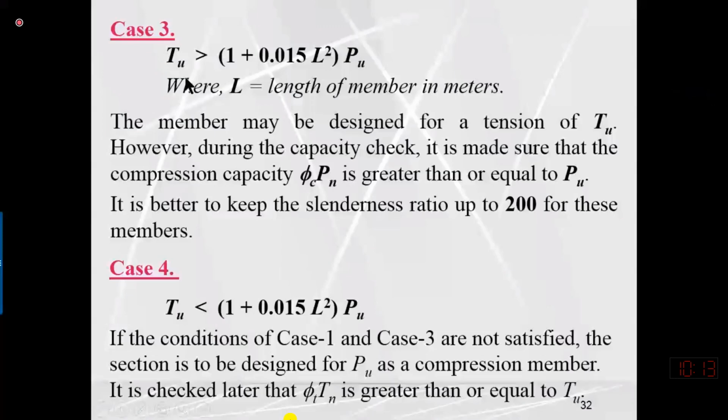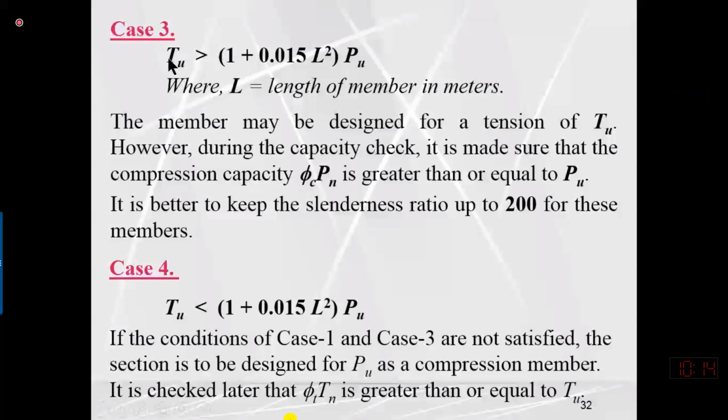Stress reversal member means that we have to design it for either compression or tension. If we are designing for tension, then we need to check the capacity for compression. A stress reversal member has both tensile forces and compressive forces significant. The main thing is whether we will design it for factored tensile forces or factored compressive forces.